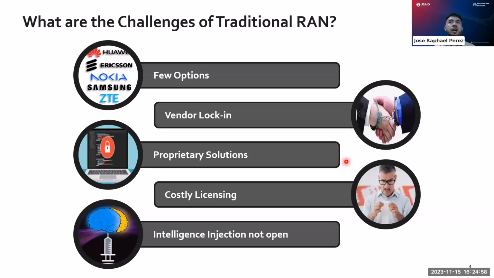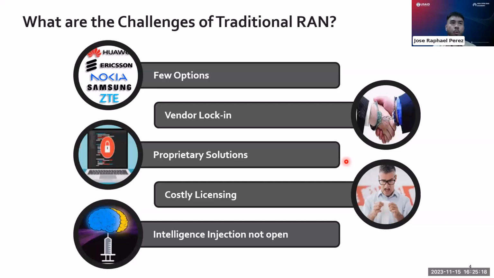And lastly, the features of our current RAN solutions are pre-programmed, meaning you cannot inject a feature, for example an open source one, that will entail a more intelligent network.